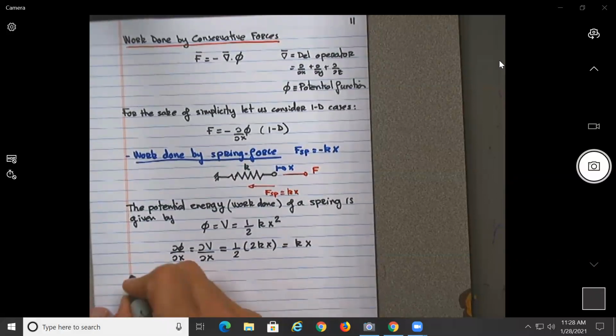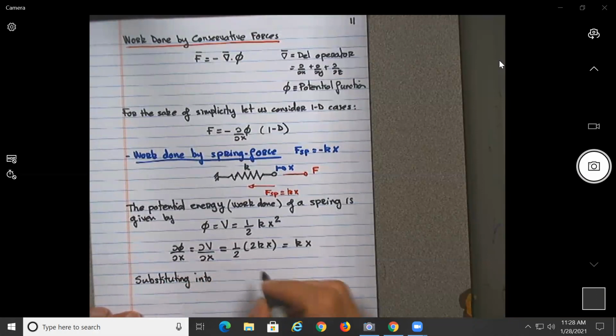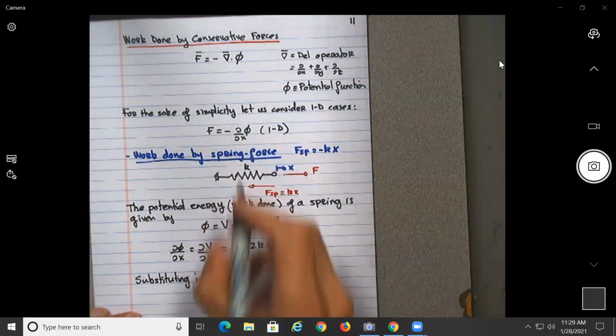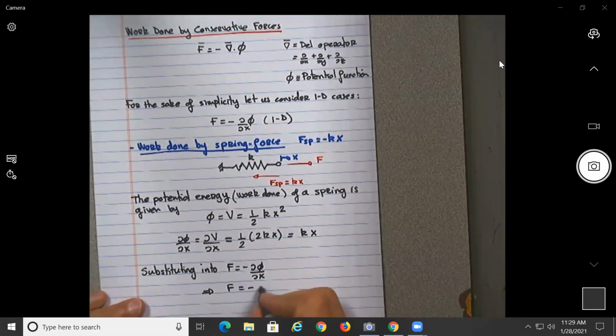So let's say substituting into this equation here, F equal to minus partial phi partial x. What do you get? F equal to minus kx.